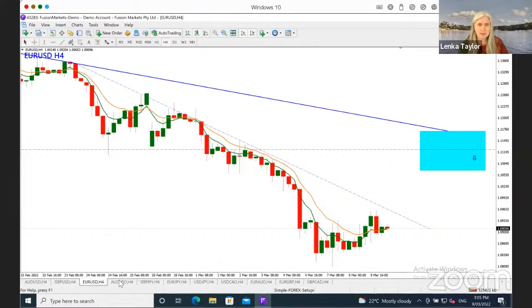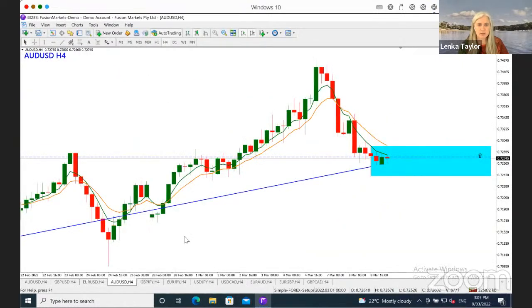The next currency pair I'm looking at is AUD/USD. With AUD/USD, I'm now looking for long. Those of you that were on my Telegram channel would know last week I was looking for short in line with this previous high, but that didn't come off. There was a small loss at half the original risk, and then it kept going up.